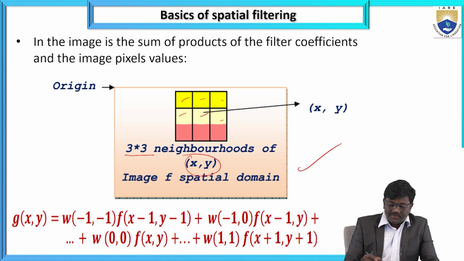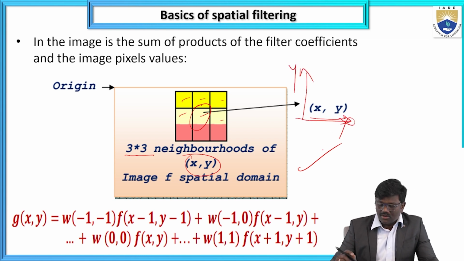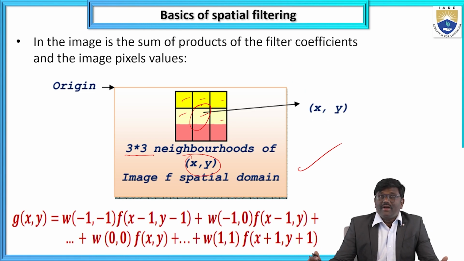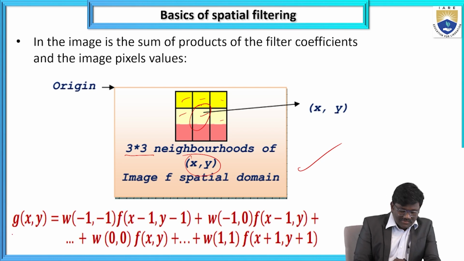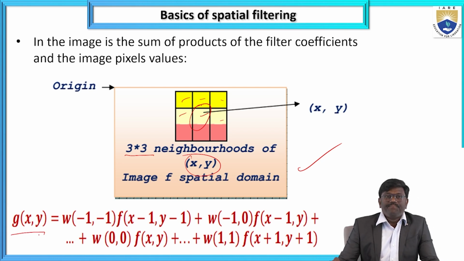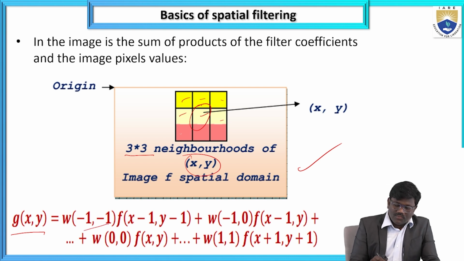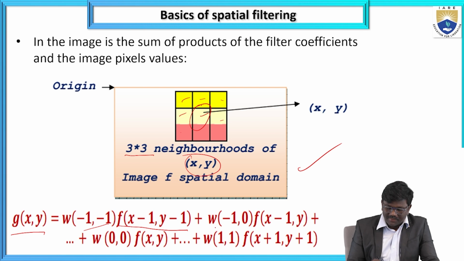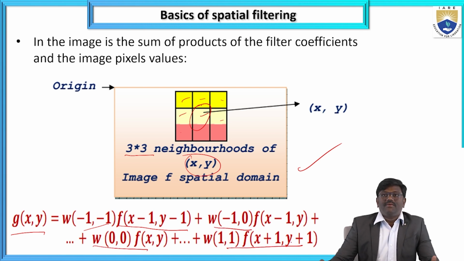Here this is the y axis, this is the x axis of the coordinates. Suppose we want g of x comma y to be the sum of products of the filter coefficients and the image pixel values. That is window of -1 comma -1, and so on, where we represent the window as well as the pixels of the neighborhood.